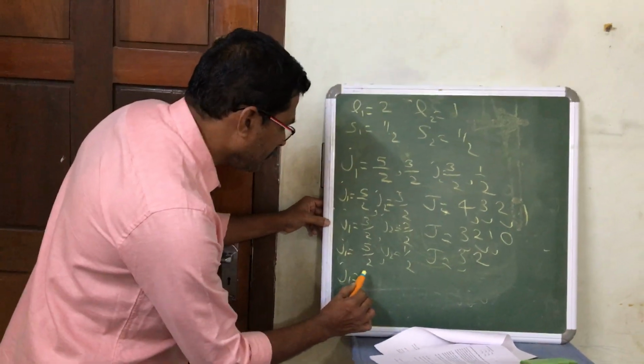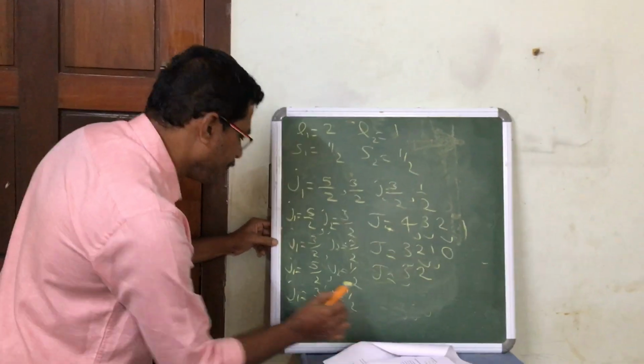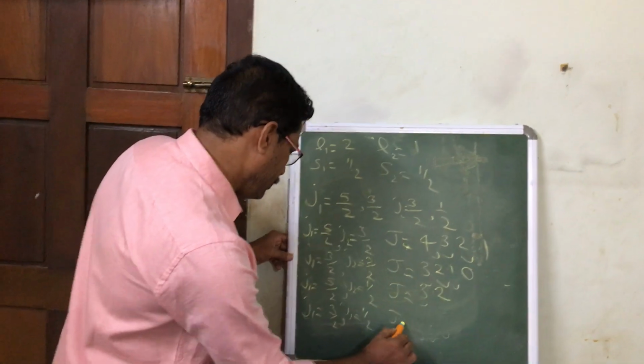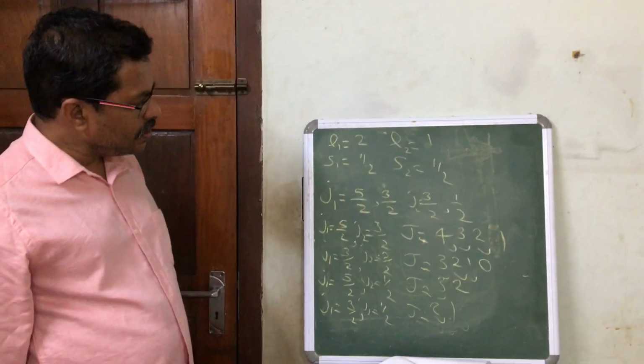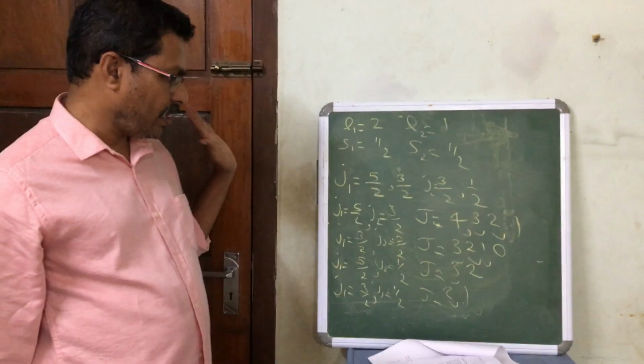With the final combination, J1 equals 3 by 2 and J2 equals half, it will be 2 and 1. So here also you can see that we are getting the values of J as 0, 1, 2, 3, 4.